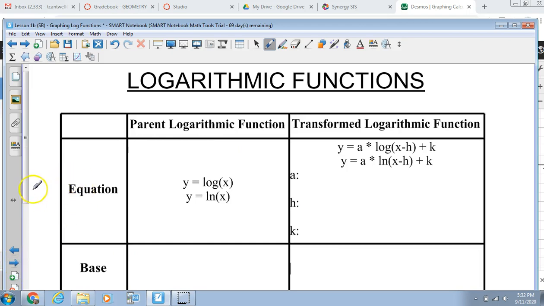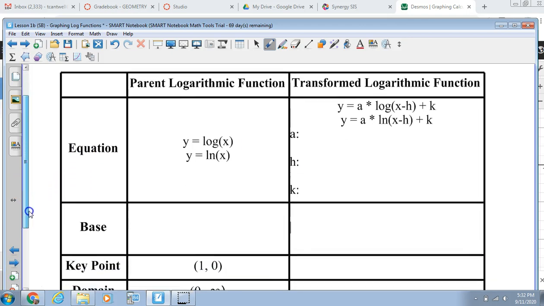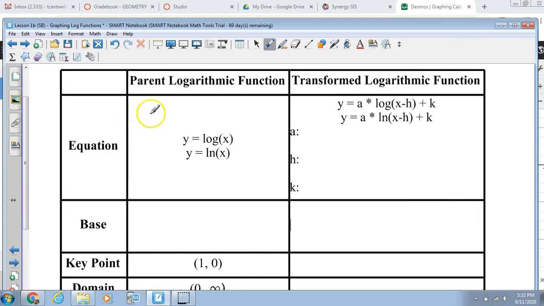Okay. So, our basic parent logarithmic function, we've got two types of functions we can have, two different bases. This one we have y equals log of x, and then we have y equals ln of x, which stands for the natural log. Again, our basic function for a log looks like this. Our base, b, for a common log, that's where we just use the log, that is base 10.